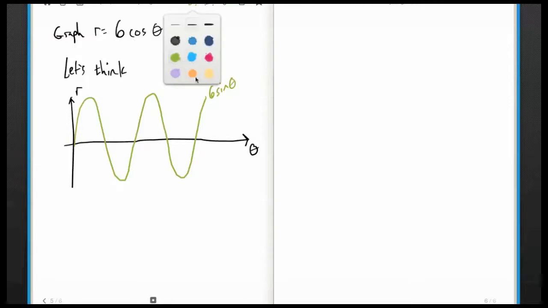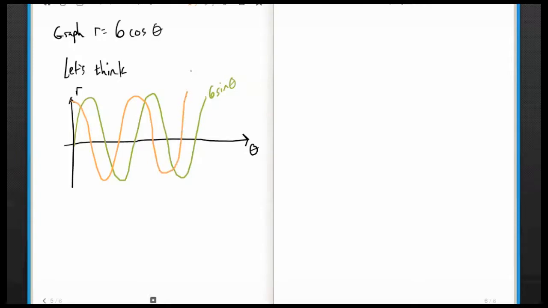And if I graph the cosine of this, we'll do that in orange. Well, cosine just starts up here. So cosine is always just a little bit behind, or a little bit ahead, depending on how you think about it. That's going to be 6 cosine of theta.